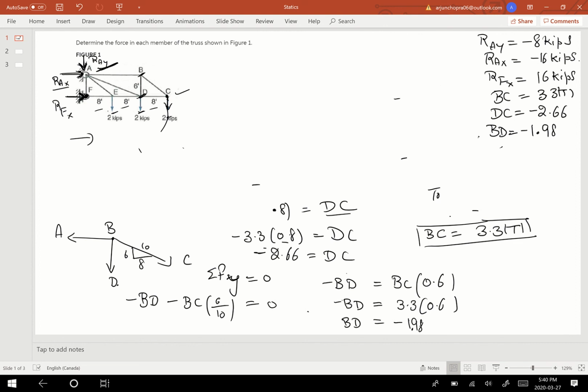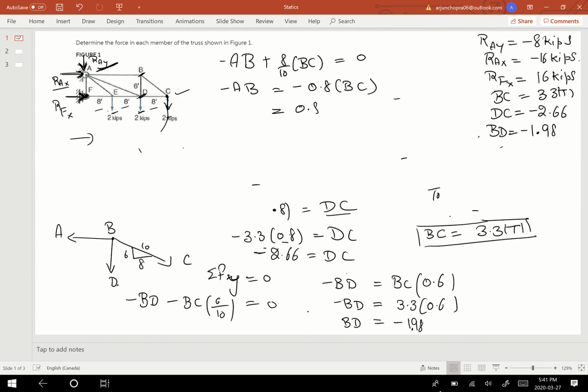AB. If I wanted to find the value of AB, I'm going to write negative AB plus 8 over 10 BC, and is there anything else? No, which is equal to 0. So negative AB equals negative 0.8 BC.